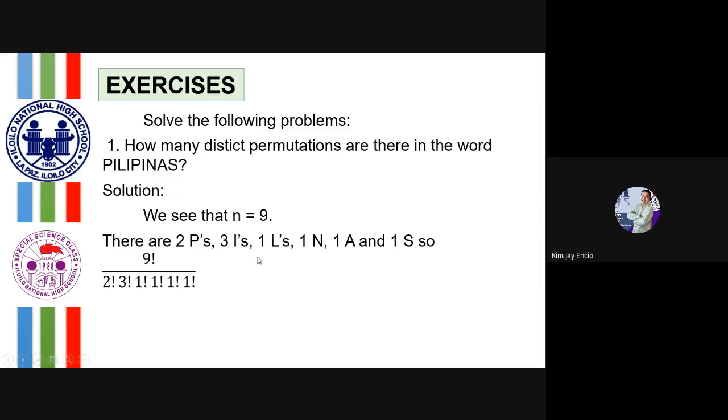You see I have a couple of 1 factorials in the denominator, but if you wish, you may not include them in the solution, because anyway 1 factorial is equal to 1, and any number divided or multiplied by 1 is still the number itself. So using my calculator, it gave me 30,240 arrangements.